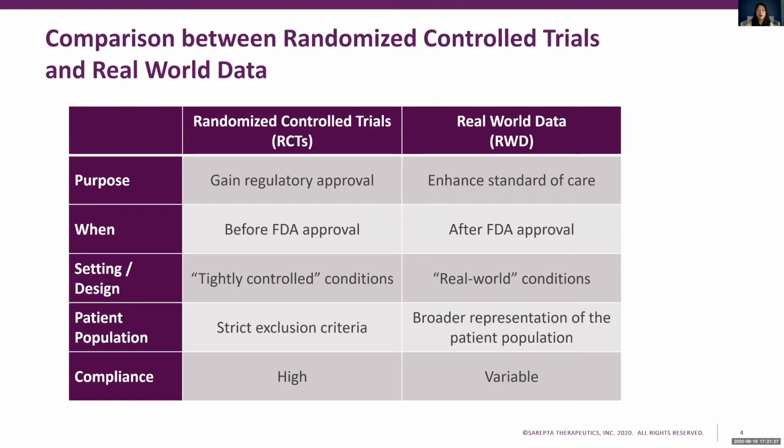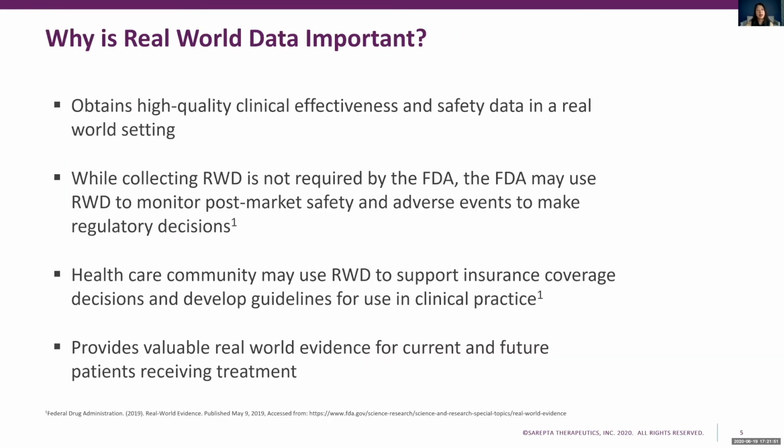And because there are fewer, if any, exclusionary criteria limiting the collection of real-world data, this information captures a broader range of the population undergoing treatment and provides insights into how the broader patient population responds to the treatment over time in the clinic setting. This real-world data is invaluable to healthcare providers, researchers, the FDA, and most importantly, the patients themselves.